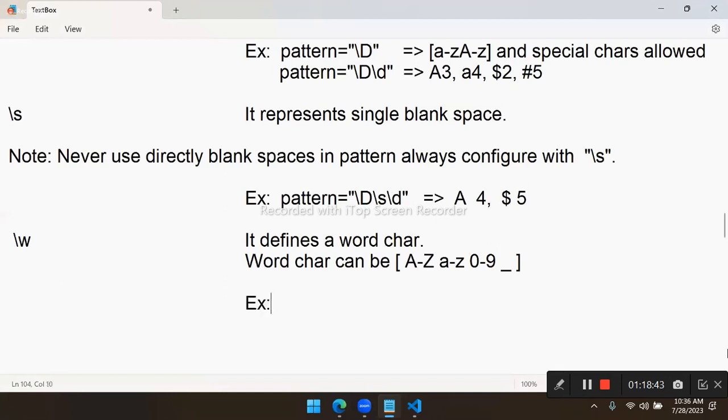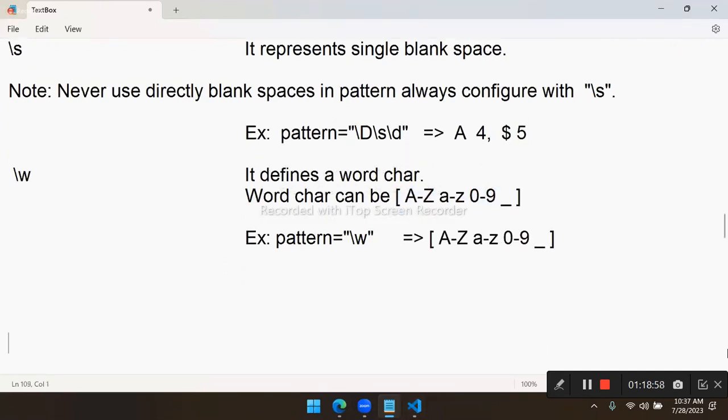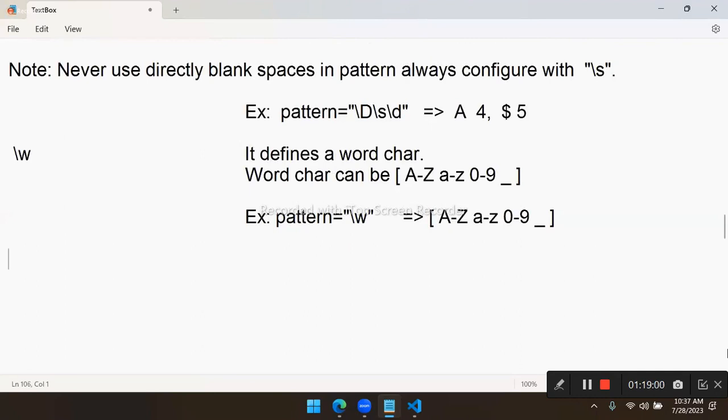So we define a pattern equal to \w. That means any of these are allowed, as I already mentioned here. Only one is allowed. Suppose I write a pattern like this, like \w and \d.